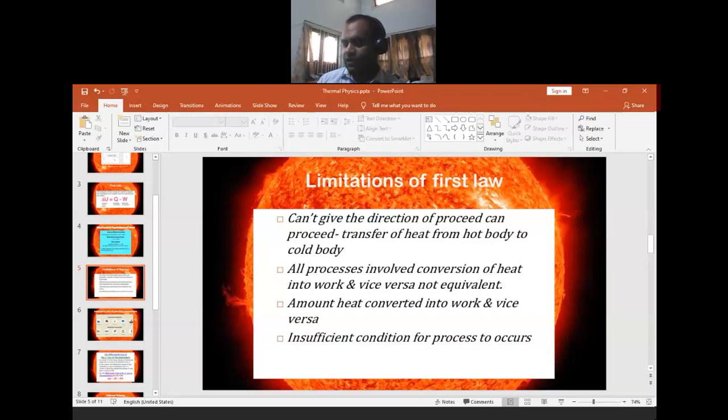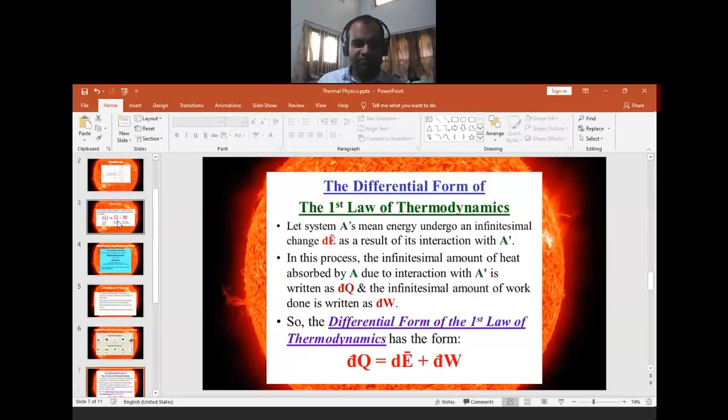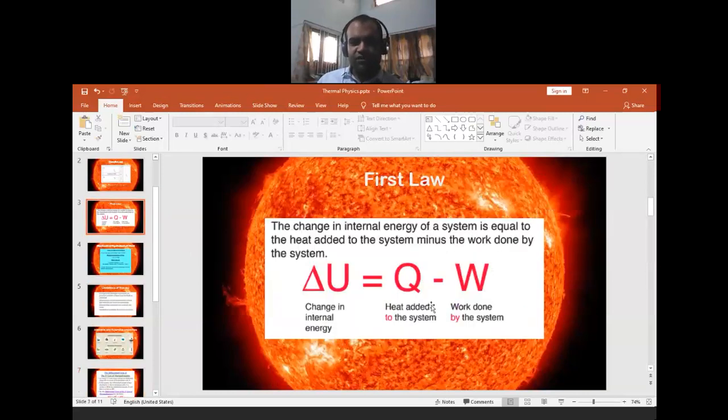So let me go to the equation of the first law of thermodynamics. From this equation, heat can be equal to work done when internal energy change is zero. But when you are supplying heat to a system, can the internal energy really be zero?